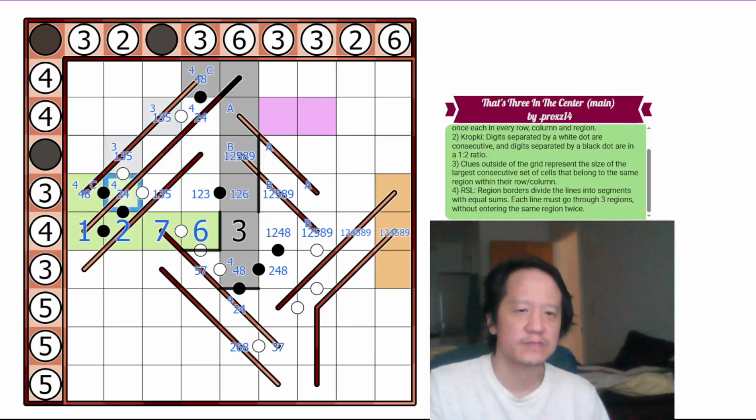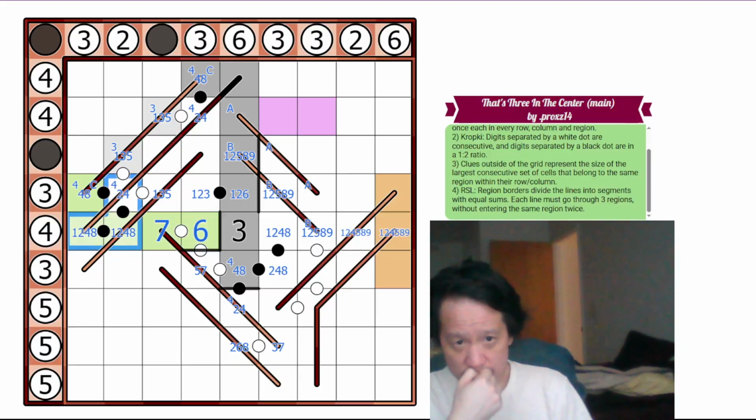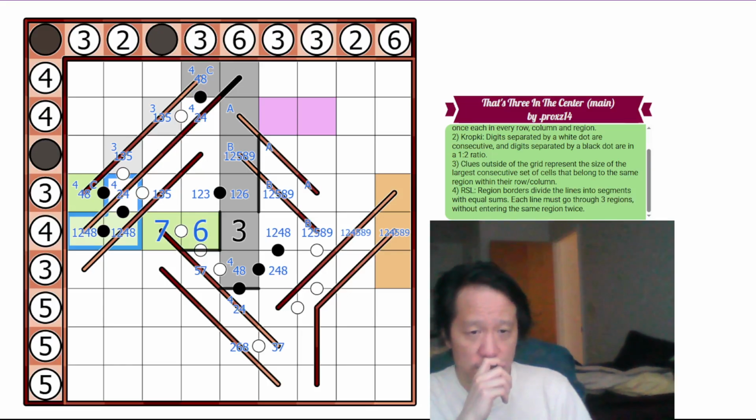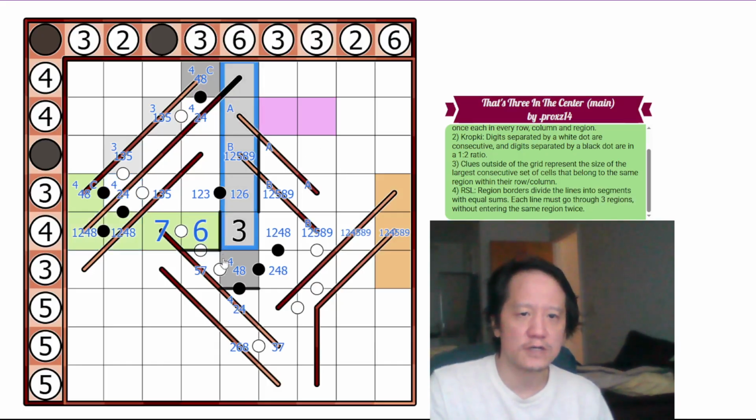Okay, what did I do? I think this logic is all obviously kosher, right? If you try to have 6 here, this is definitely part of a 6.